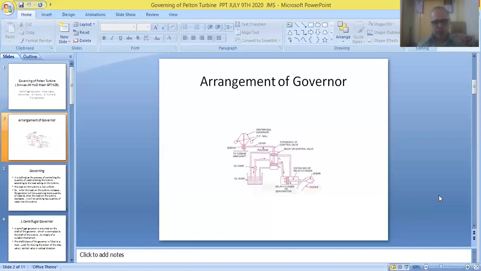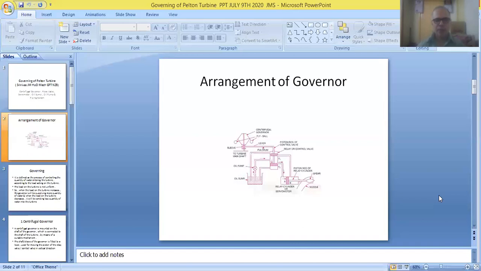As a whole, this reservoir can be used for supplying oil into the servomotor and also for receiving the oil that is coming out of the servomotor. So it's like a closed circuit system.